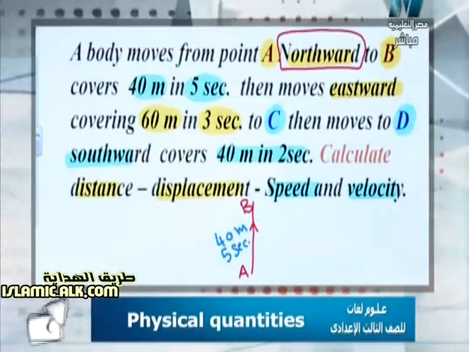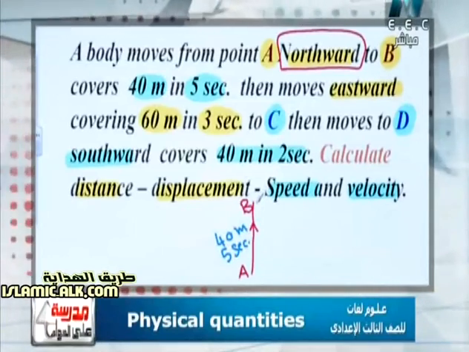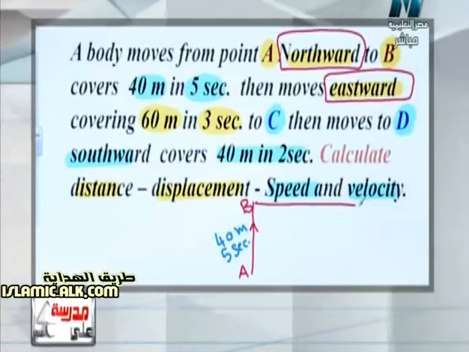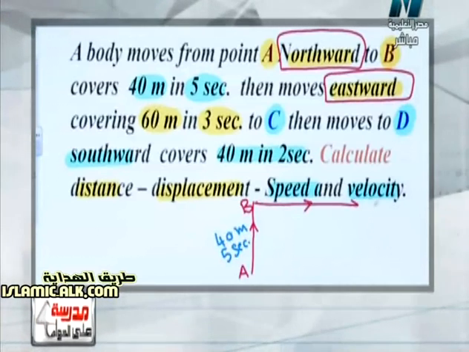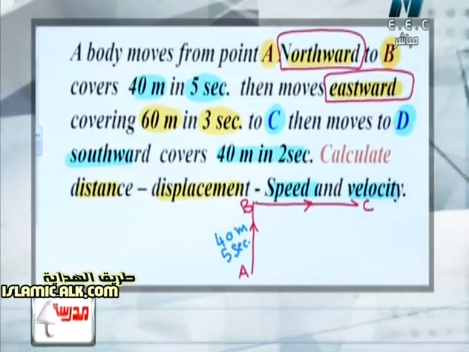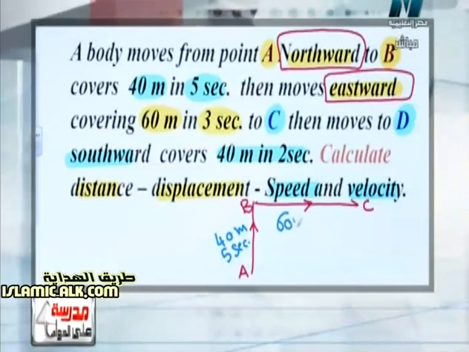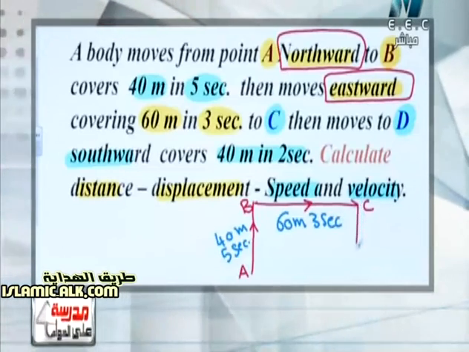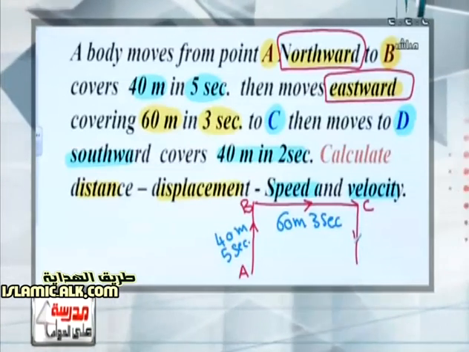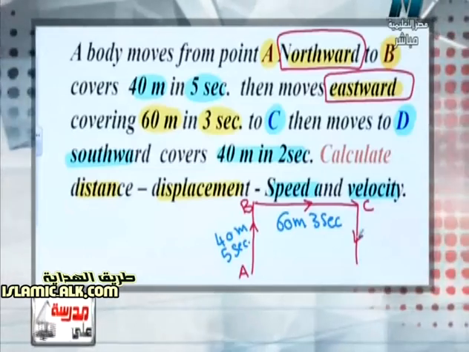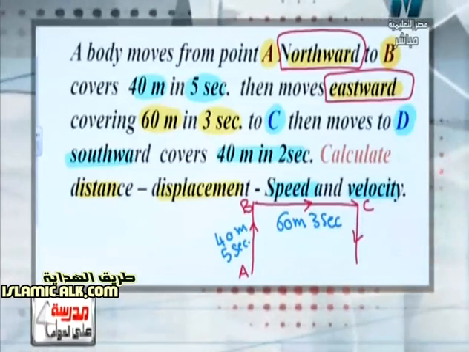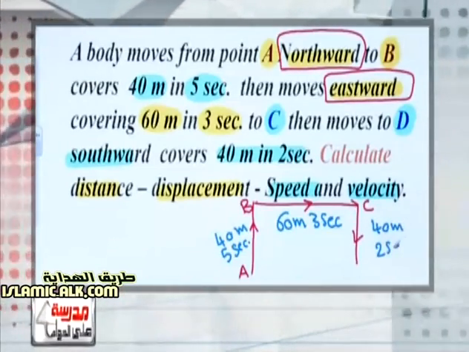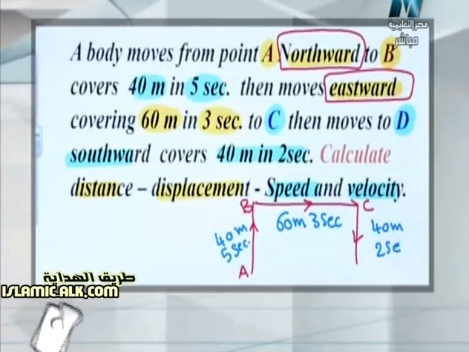Then the body moves eastward, meaning to the right side, from point B to point C, covering 60 meters in 3 seconds. Then it moves southward, covering 40 meters in 2 seconds, toward point D.